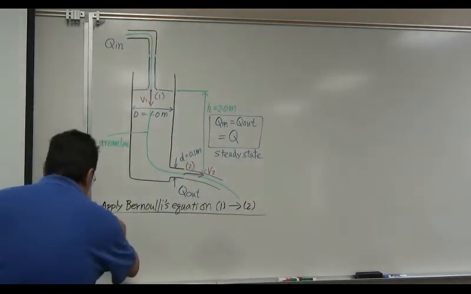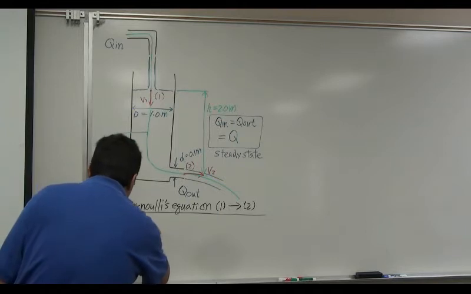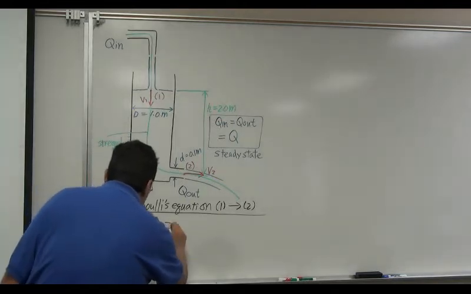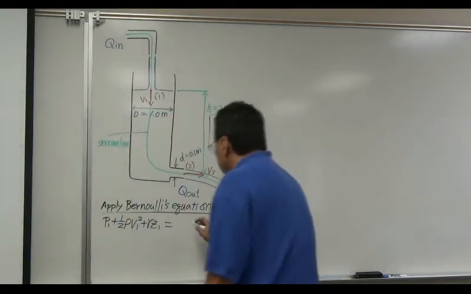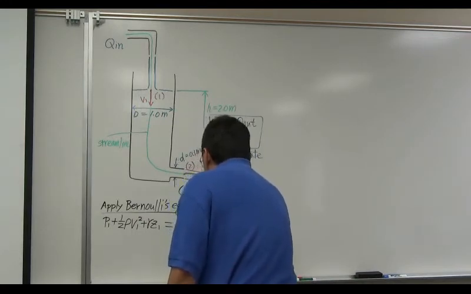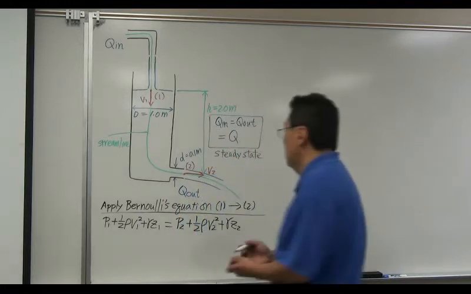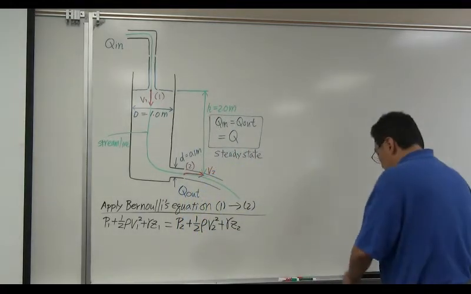So this gives you P1 plus 1/2 rho v1 squared plus gamma Z1 must be equal to P2 plus 1/2 rho v2 squared plus gamma Z2. This is Bernoulli's equation.